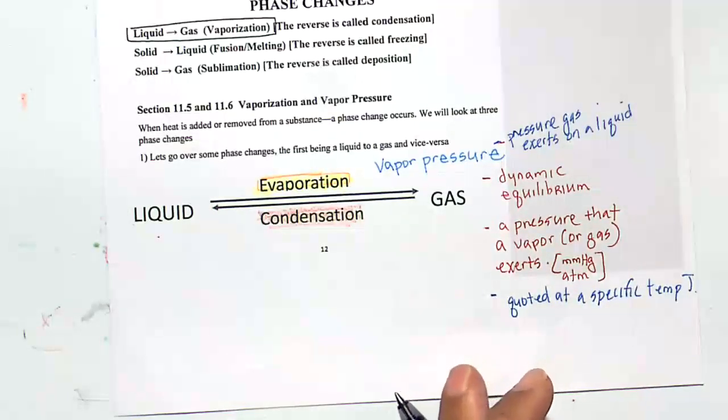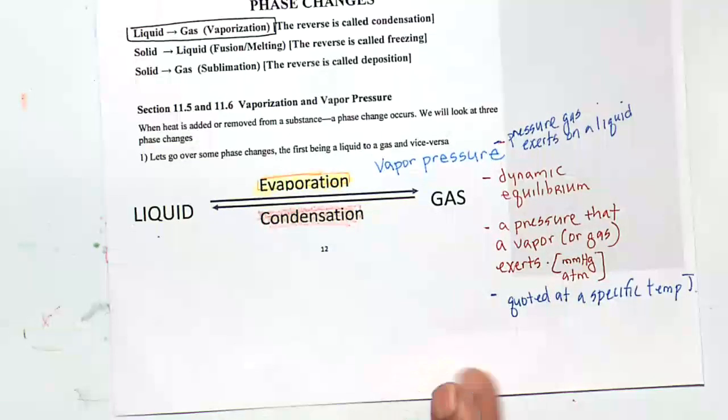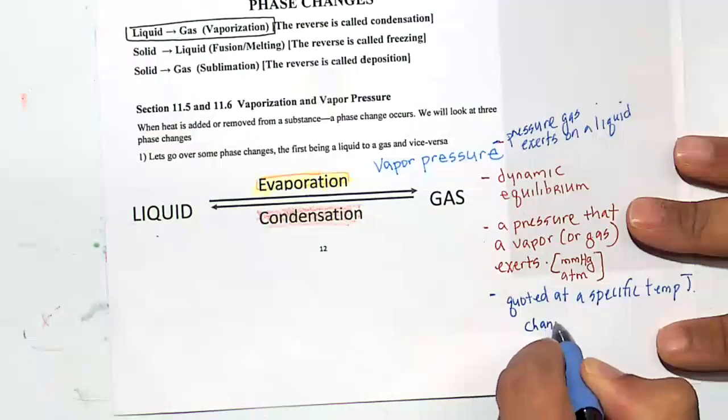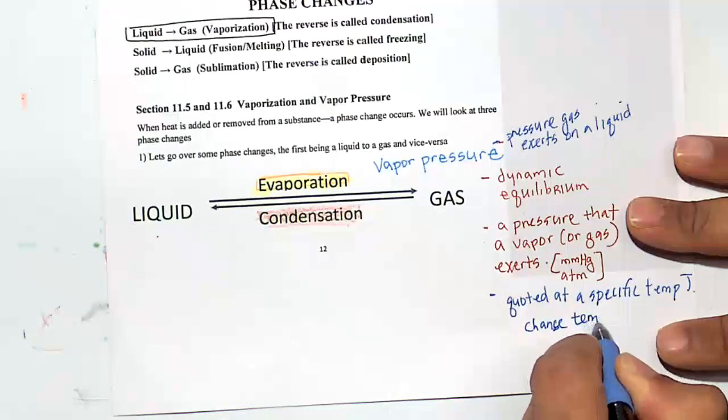So you change the temperature, you change the vapor pressure. Reduce the temperature, the vapor pressure of water is a different number. Increase the temperature, the vapor pressure of water is a different number, or any type of liquid to gas. That's what I mean by quoted at a specific temperature. Change the temperature, you change the vapor pressure.